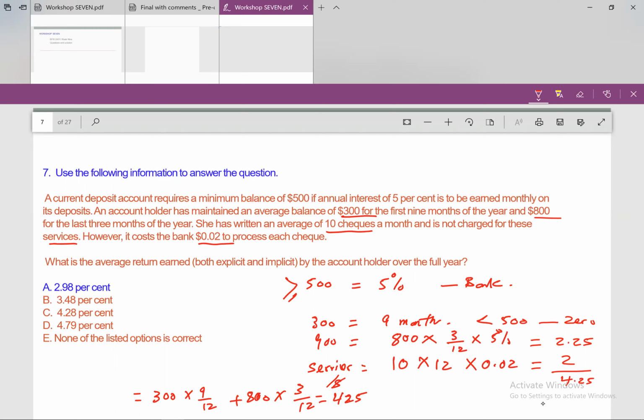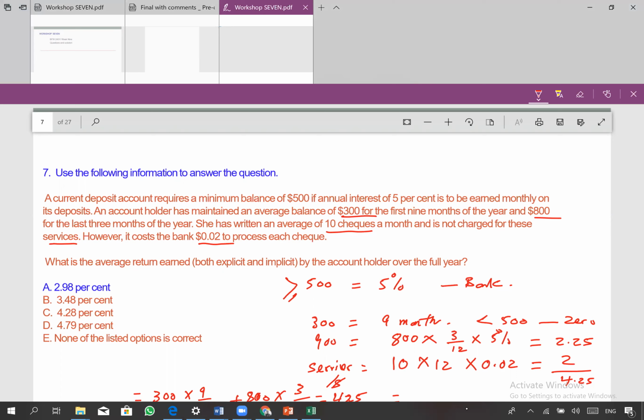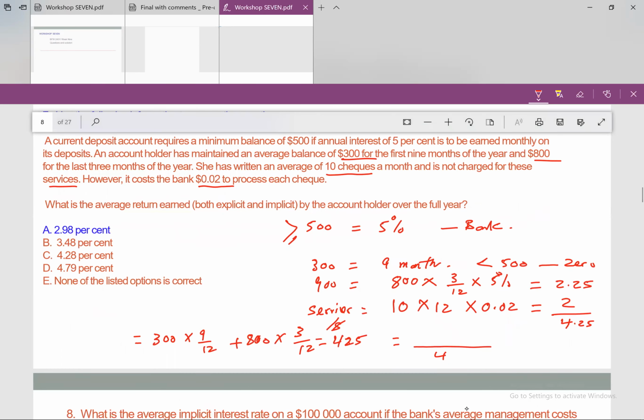So you divided... this is the balance. Anybody calculate with me again?